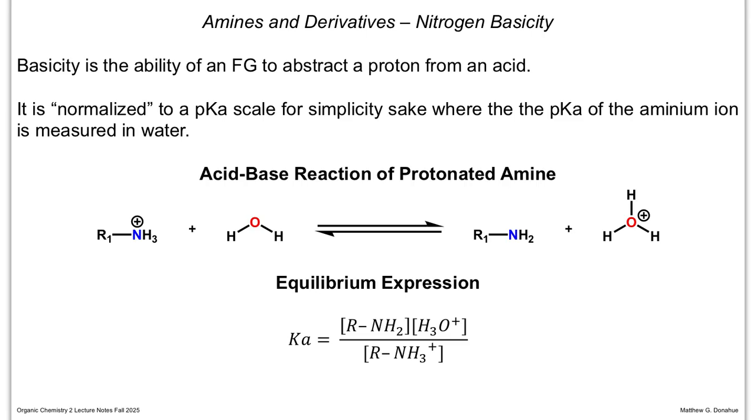So when we talk about basicity, that's, again, the ability to abstract a proton from an acid. Throughout organic 1, we were talking about pKa, the acidity constant. For basicity, there is a basicity constant, pKb. But to normalize everything, we invert the relationship and just call it a pKa.